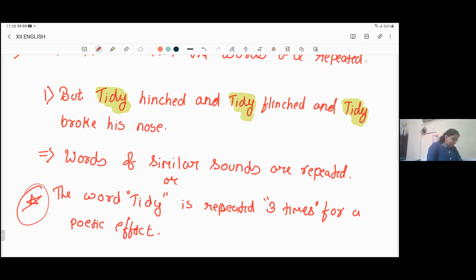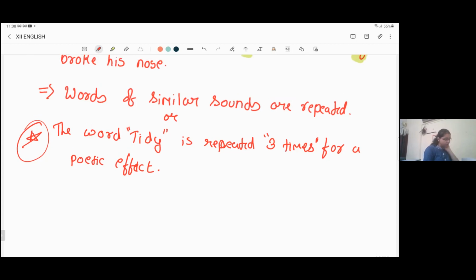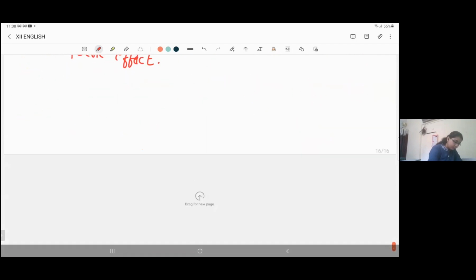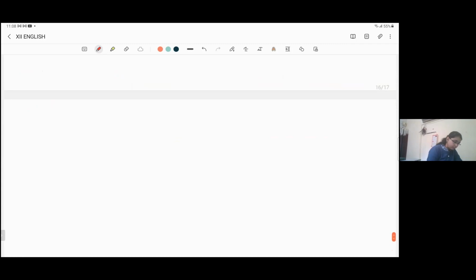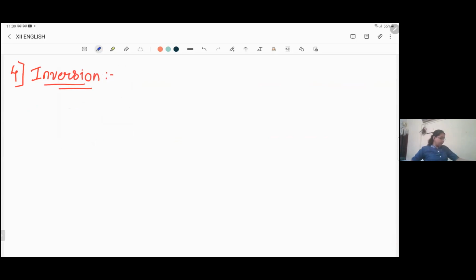Now, next, the fourth one, inversion. What is inversion?